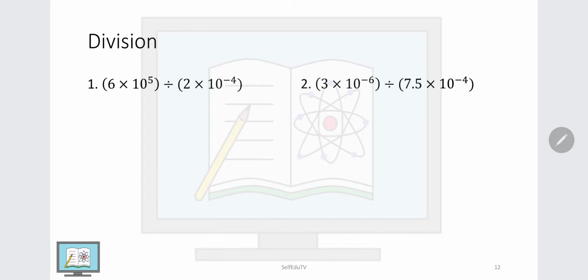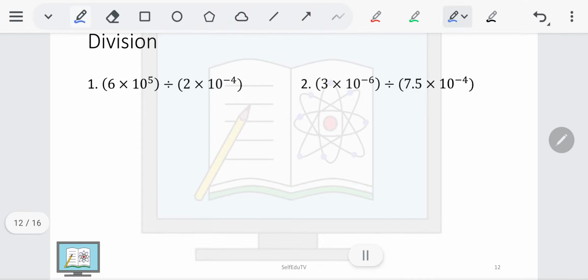How about division? So you just divide 6 by 2, and then you divide 10 to the power negative 5 by 10 to the power negative 4.